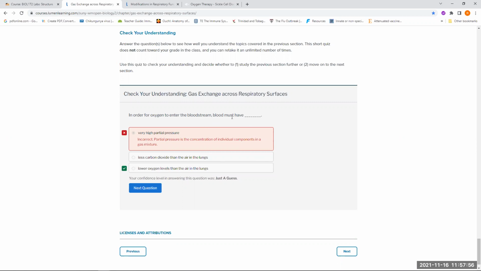In the blood, the oxygen concentration has to be lower because it's moving from the alveoli, which is the air in the lungs, into the blood. Moving from high to low, the concentration in the lungs has to be high so that it can move down that concentration gradient and get into the blood. So in the blood, it has to be lower oxygen levels than the air in the lungs, so it can move from the area of high concentration to the area of low concentration.